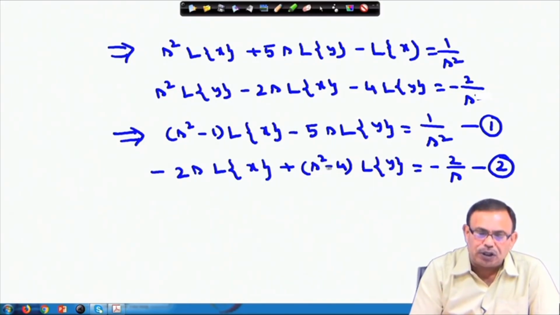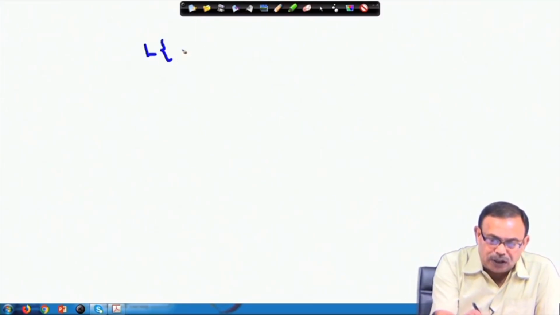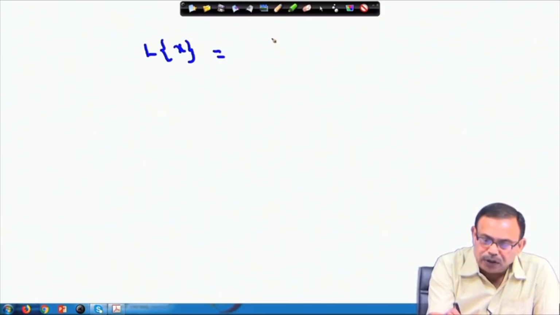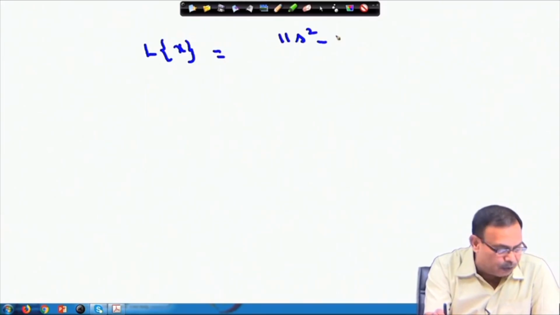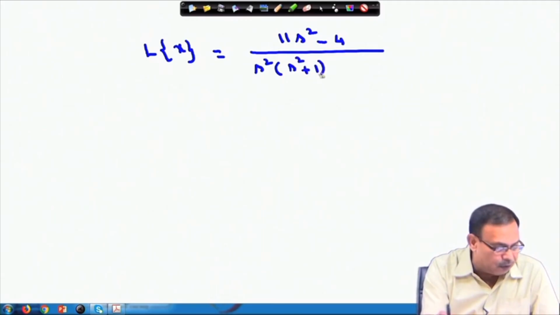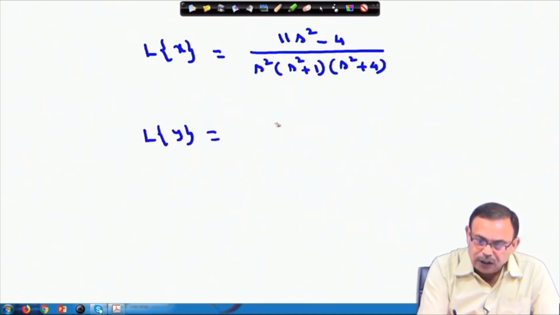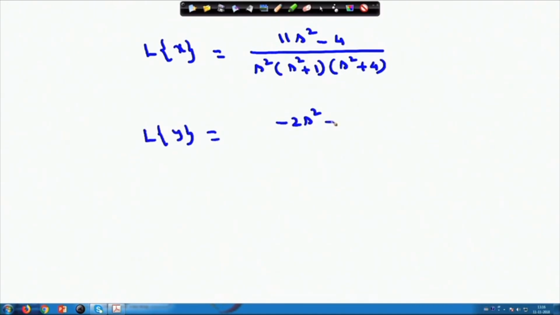By solving equation 1 and 2, I will obtain Laplace transform of x equals 11 s square minus 4 (I am writing directly, please check it afterwards) over s square into s square plus 1 into s square plus 4, and Laplace transform of y you will get as minus twice s square plus 4 by s into s square plus 1 into s square plus 4.